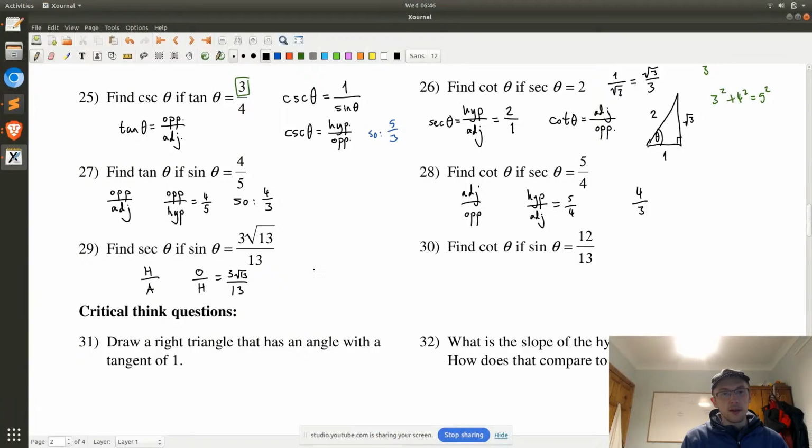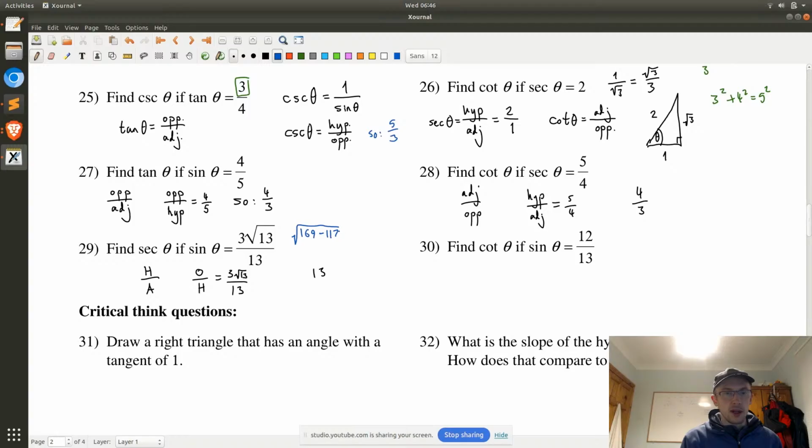So we shall place 13 on the top and then quickly apply the Pythagorean theorem. 13 squared, well, that's 169. 3 root 13 all squared is 9 times 13, which is 117.